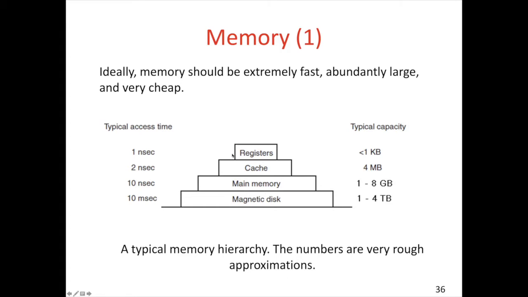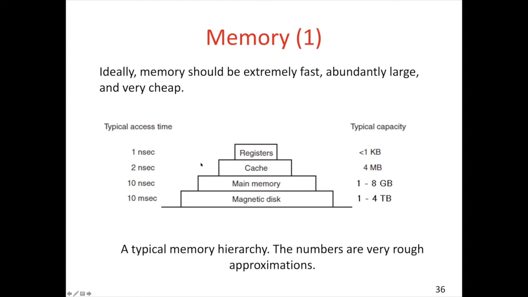If we consider registers, typical access time is 1 nanosecond and typical capacity is less than 1 kilobyte. And there is cache, typical access time is 2 nanoseconds and typical capacity is 4 megabytes.